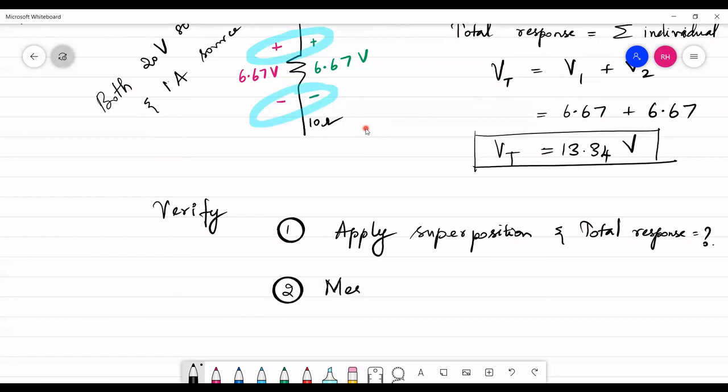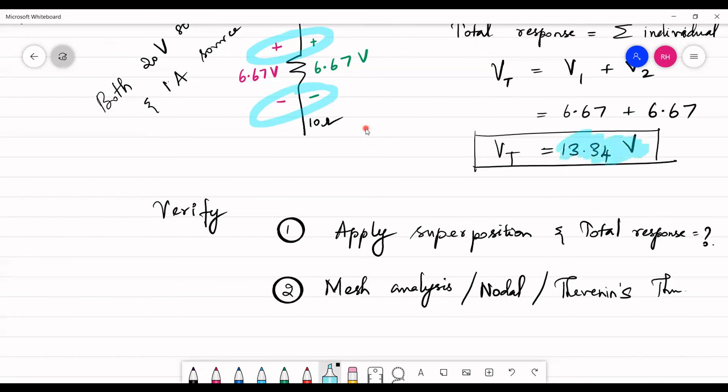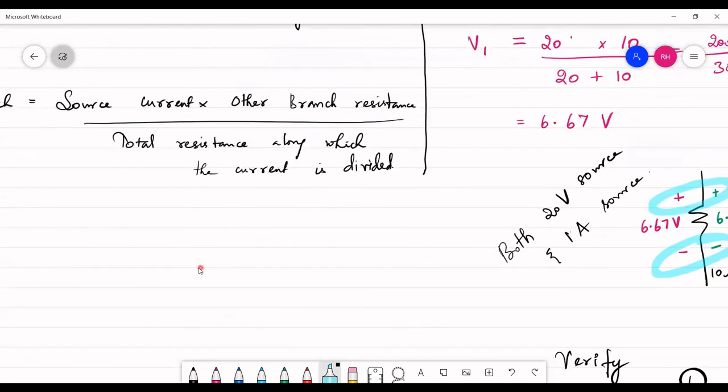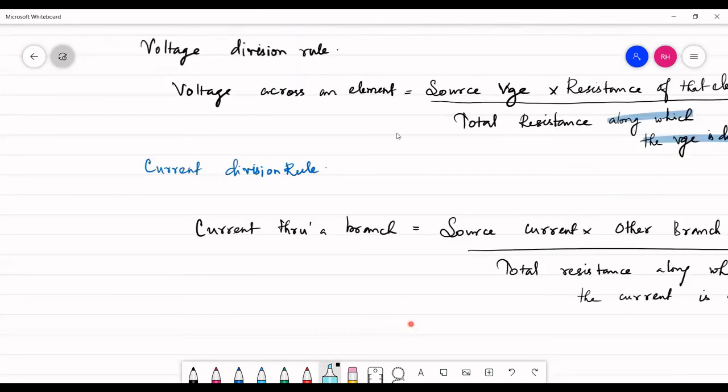You could use mesh analysis or nodal analysis, or Thevenin's theorem or Norton's theorem or any other theorem, and you have to prove that the voltage you have obtained by applying superposition theorem is equal to the result you have obtained using any of these techniques.